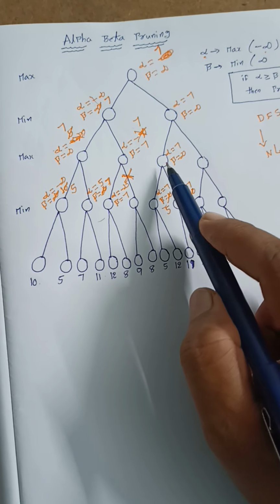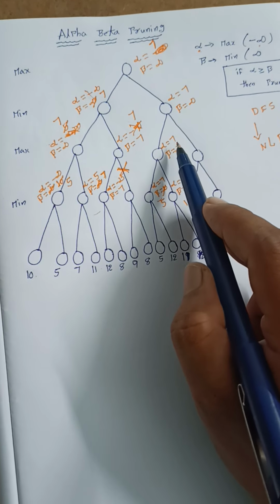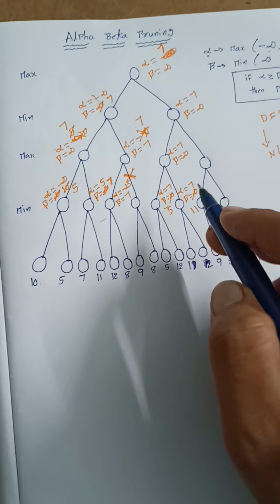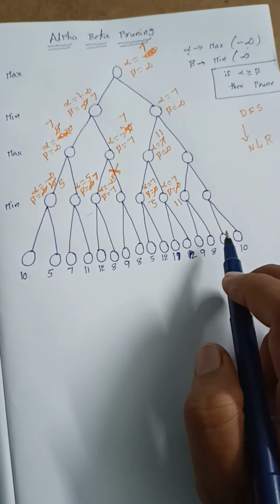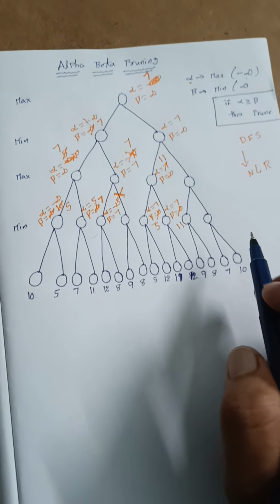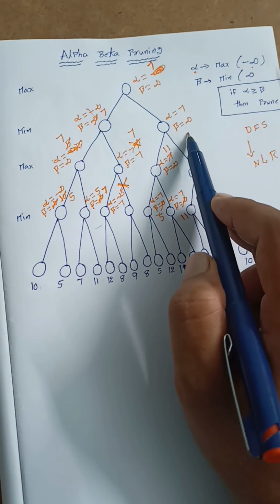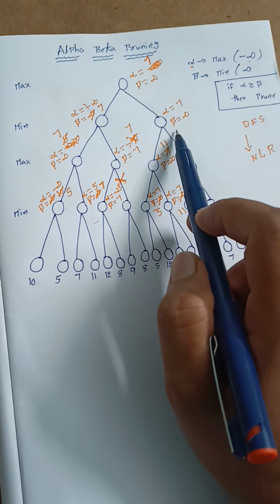Now we will move to the parent node. Here this is related to the maximum. Maximum means alpha value will be changed. 7 and 11, which is the maximum? 11 is the maximum. Now the alpha value will be changed. Now we will move to the parent node. Here alpha is equal to 7, beta is equal to infinity. This level is related to the minimum, so minimum means beta value.